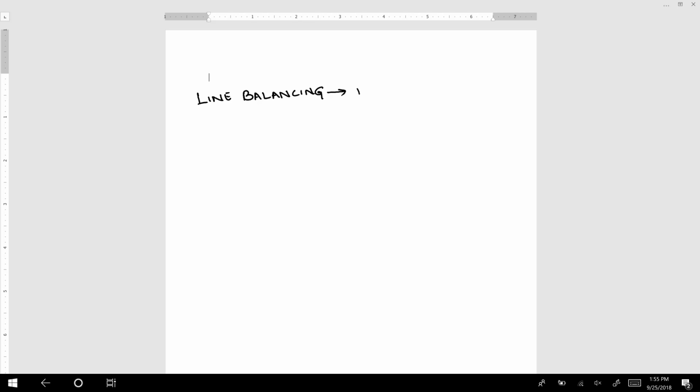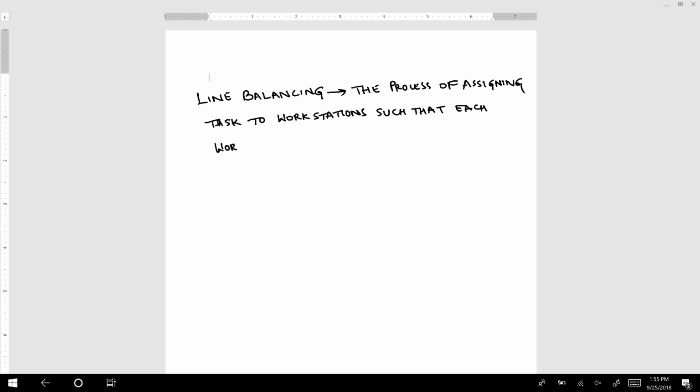Line balancing is the process of assigning tasks to workstations such that each workstation has approximately equal time.